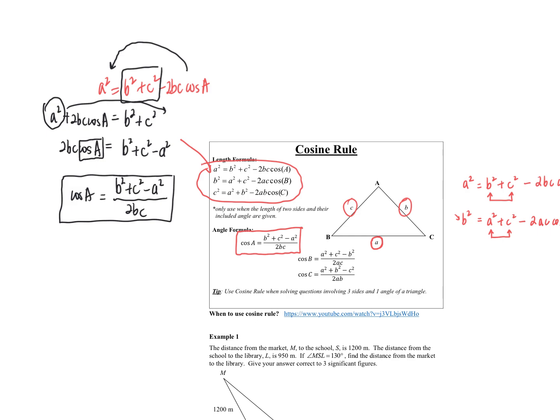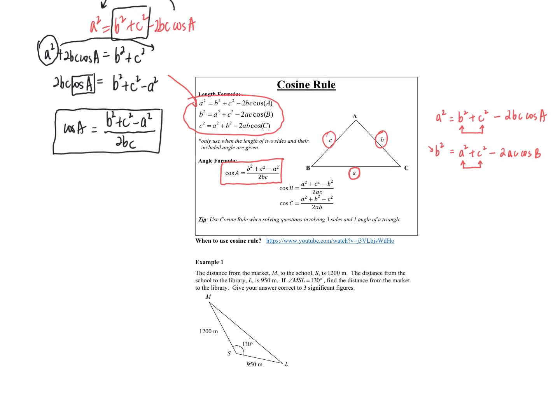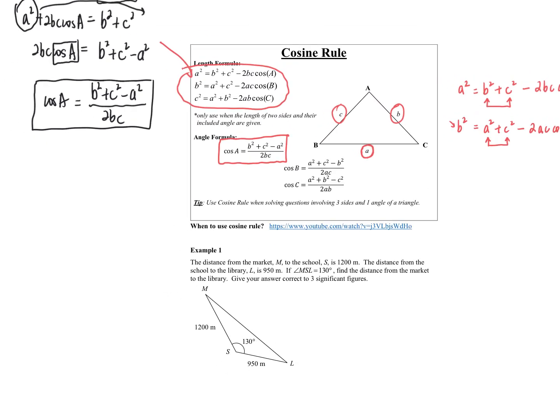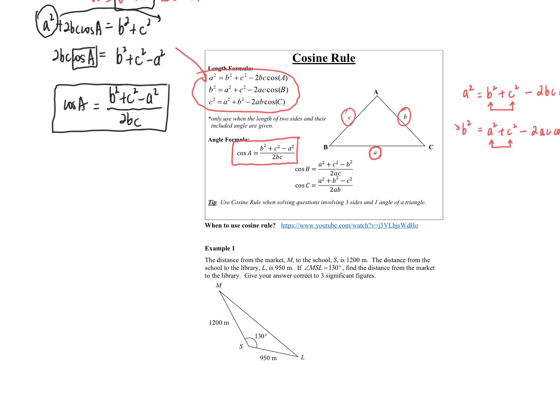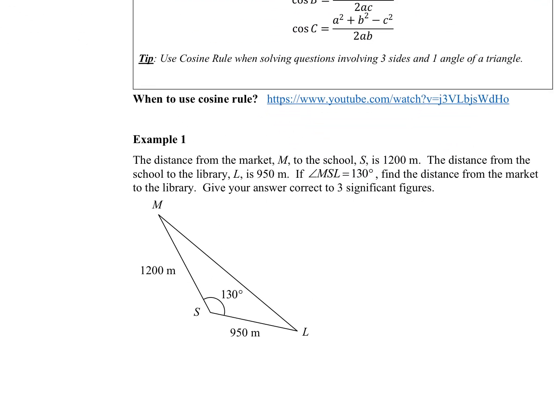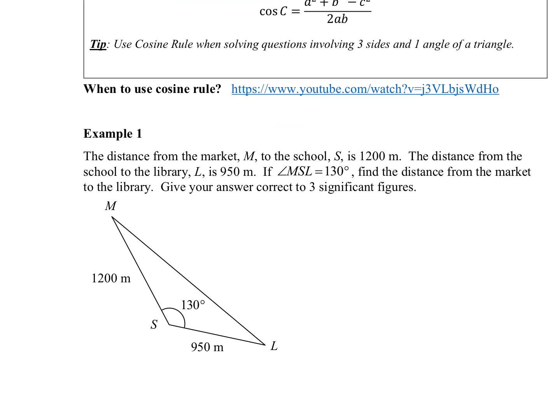You just need to know when is the time that you need to use cosine rule or sine rule. So I give you an example. If you are given a triangle like that and you want to use sine rule to solve it, you try to match.